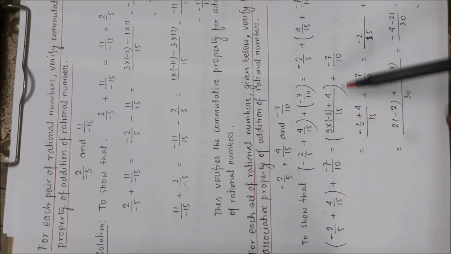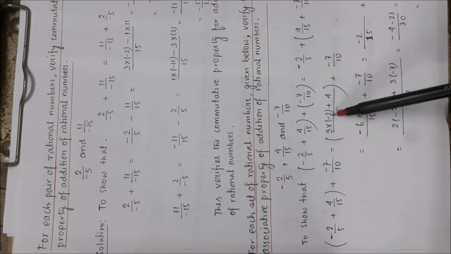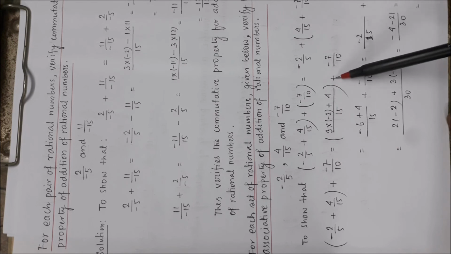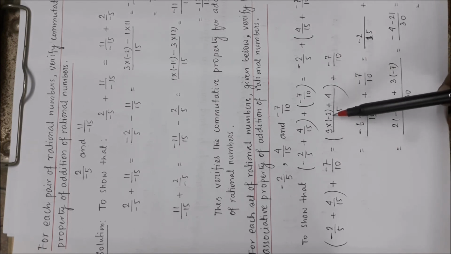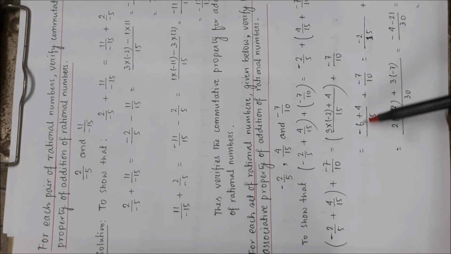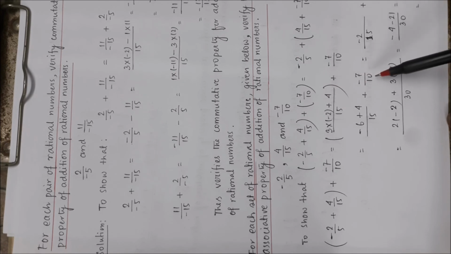So the first term you are getting as 3 into minus 2 plus 4 by 15, and we keep this term as it is, plus of minus 7 by 10. 3 into minus 2 is equal to minus 6, plus 4 by 15 plus minus 7 by 10. Now if you simplify, minus 6 plus 4 is equal to minus 2. So you are getting minus 2 by 15 plus of minus 7 by 10.